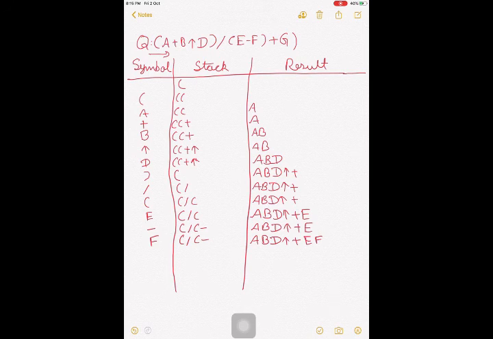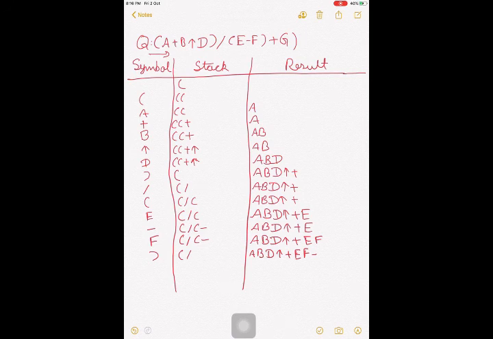Now, after F we get the closing bracket. So with this closing bracket, minus will be popped, and we will be remaining with just these two symbols on the stack, and in the result section we will have ABD power plus EF minus. Okay, now we get the plus operator.